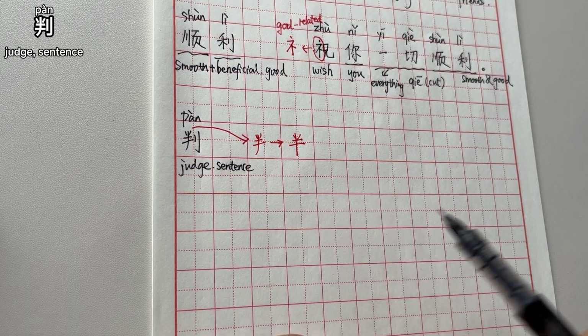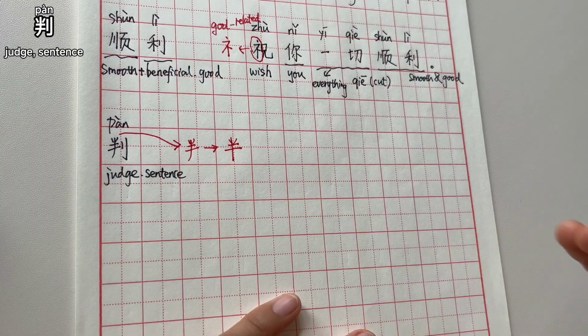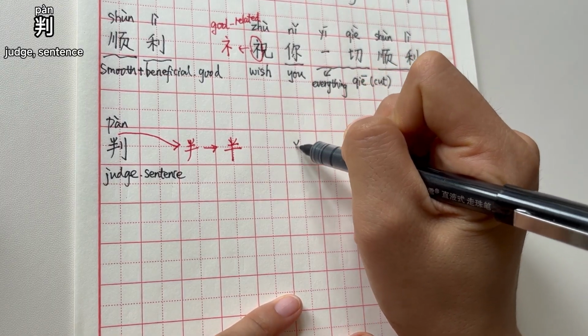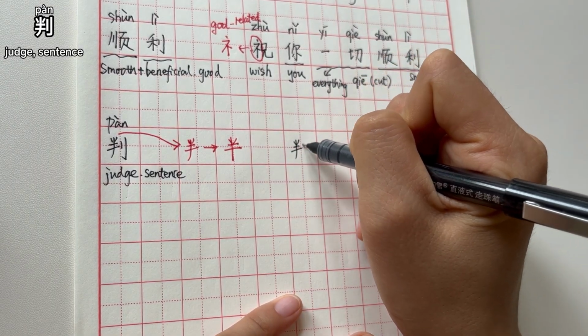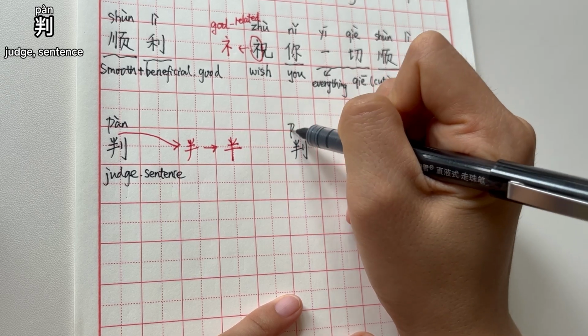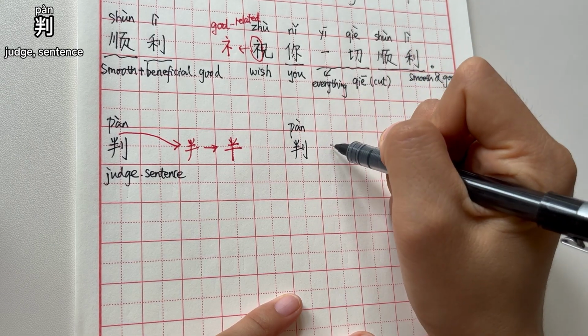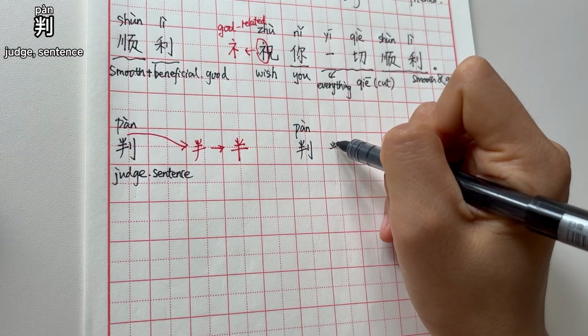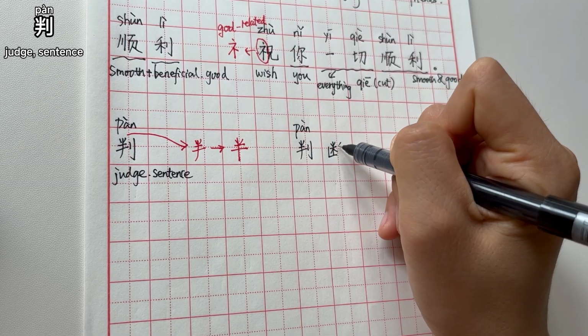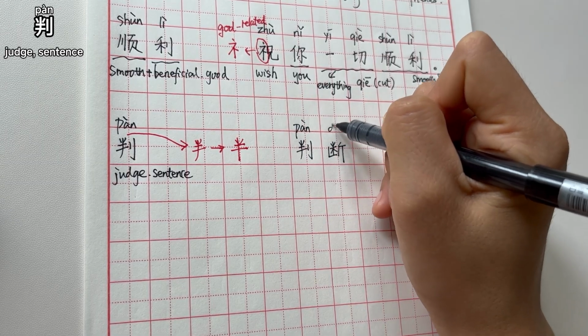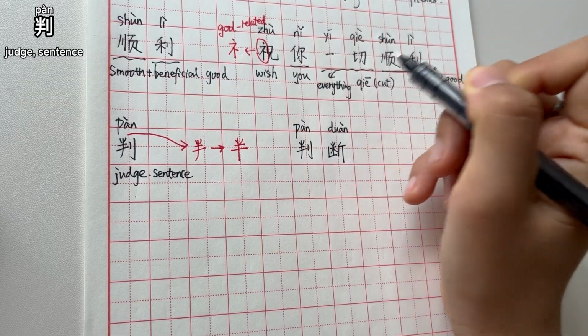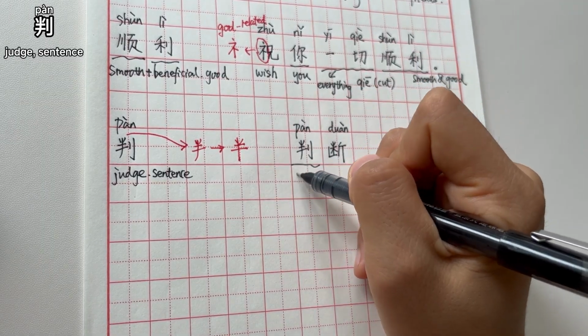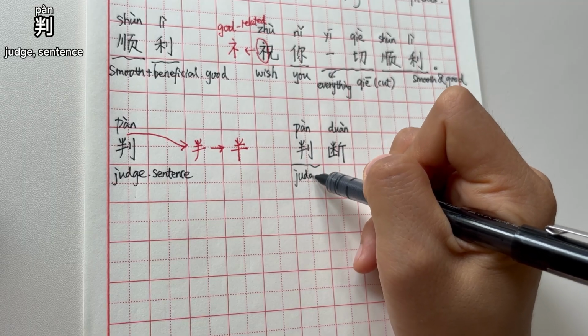Okay, so let's get to some words. We can say 判断. The 判 is to judge.